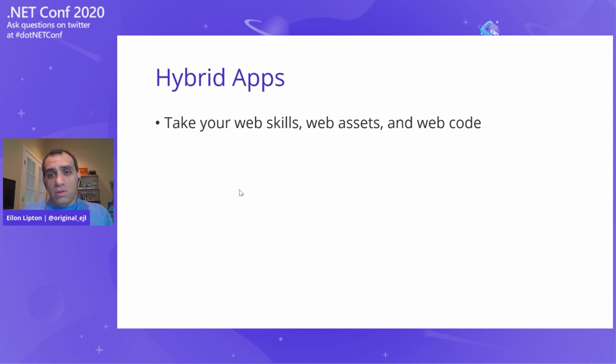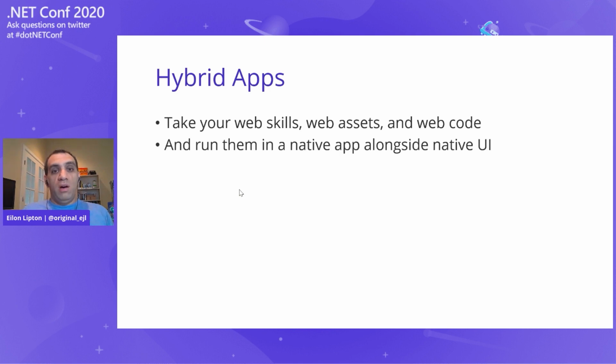So if you have any JavaScript that already exists, if you're using something like Blazor, where you write your code as .NET standard libraries, you can take that web code and run all of that within the context of a native application. Native meaning an iOS application, an Android application, something that you install from an app store or download through an installer, an MSI on Windows, for example.